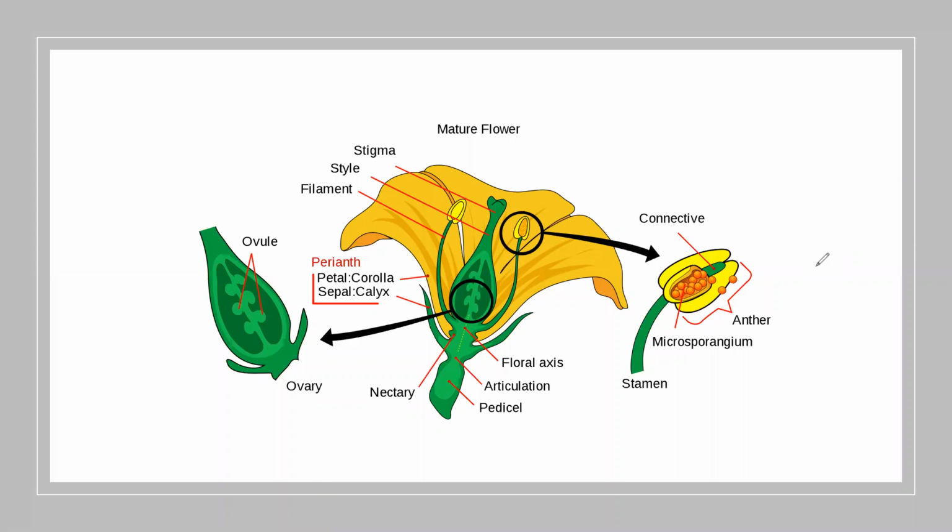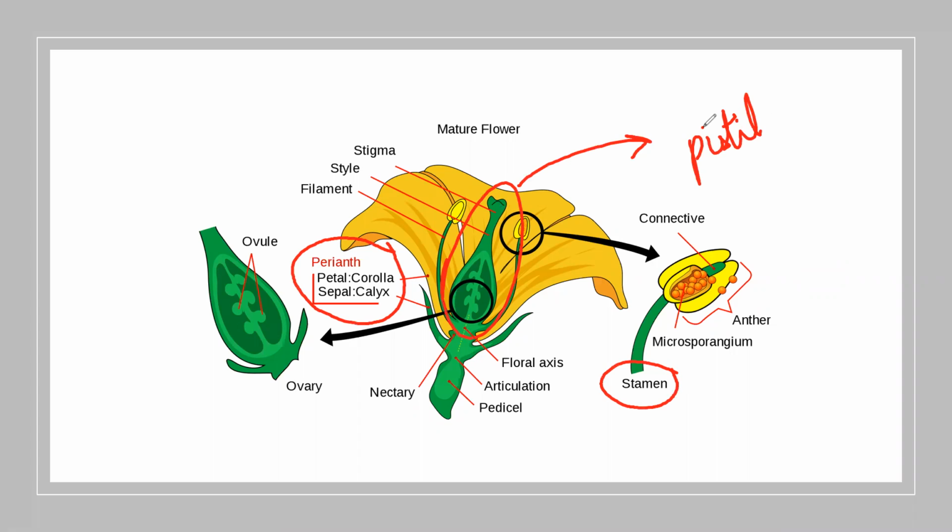This is the typical diagram of a flower, where it has four important whorls. The names of those whorls are petal, that is corolla, and calyx, stamen, and this entire ovary, that is pistil.